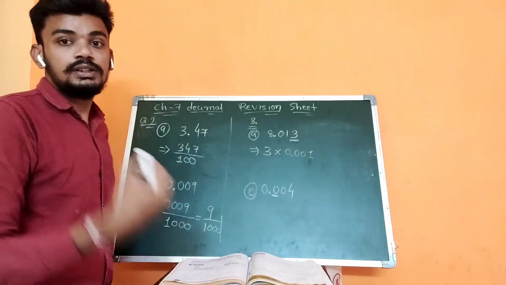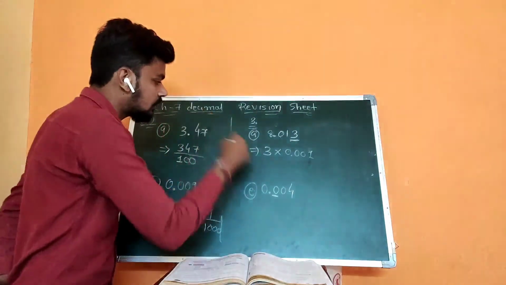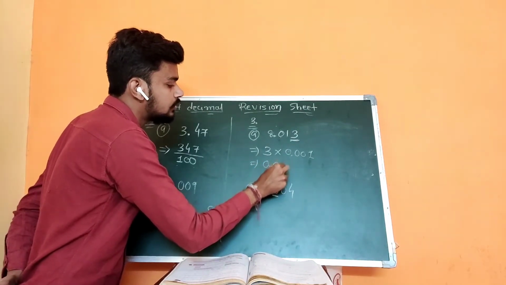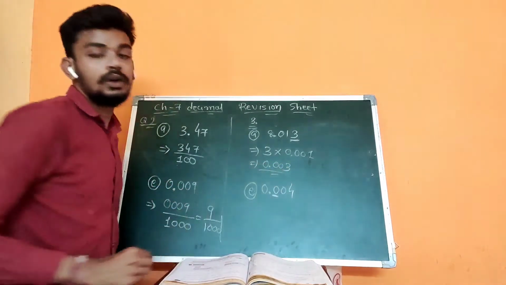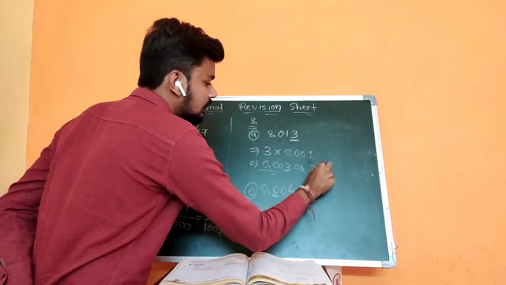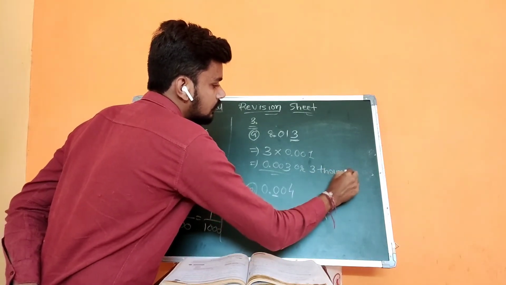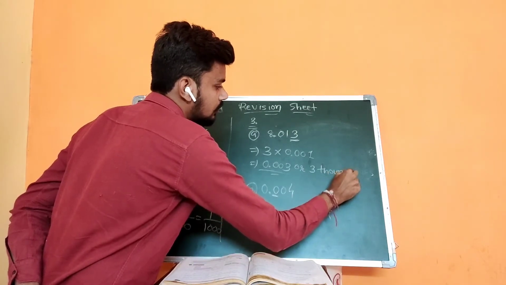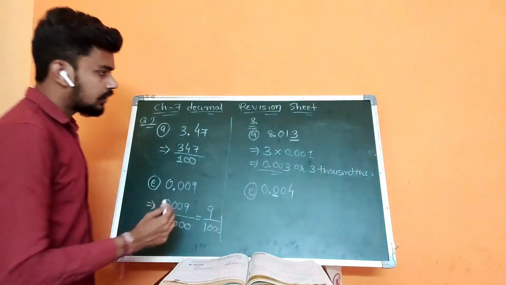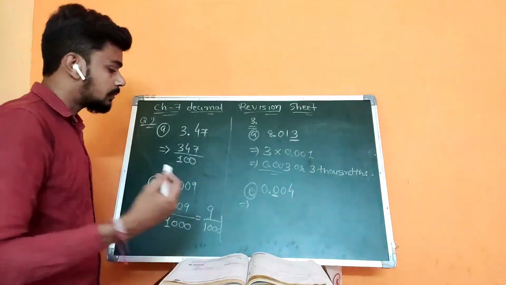In short, it is 3 multiplied by 1/1000. So the place value could be 0.003, or in words, 3 thousandths, right?